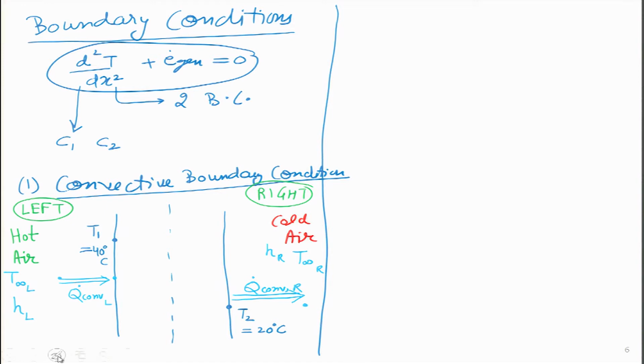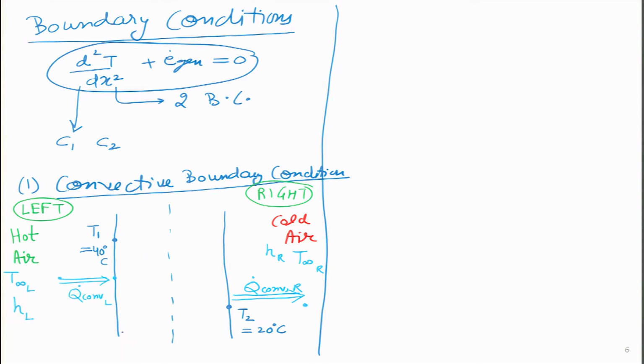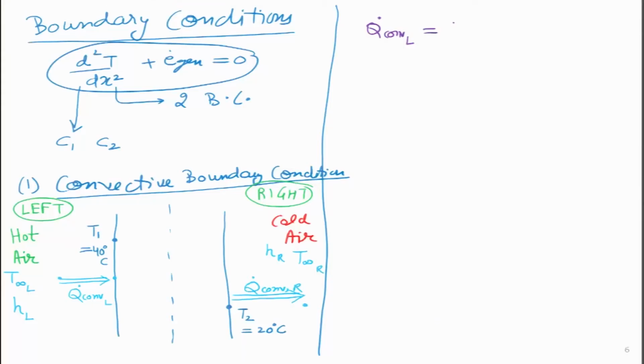Let me write the equations for convective heat transfer on the left side. Do you recall from our lecture number 1, we had written one convection equation. It was very simple to remember: H A delta T. In this case on the left side, H will be replaced by HL.